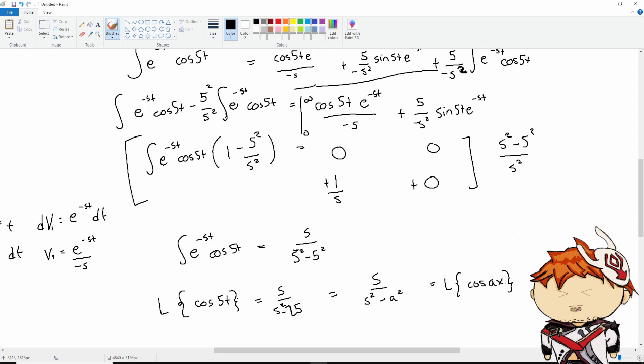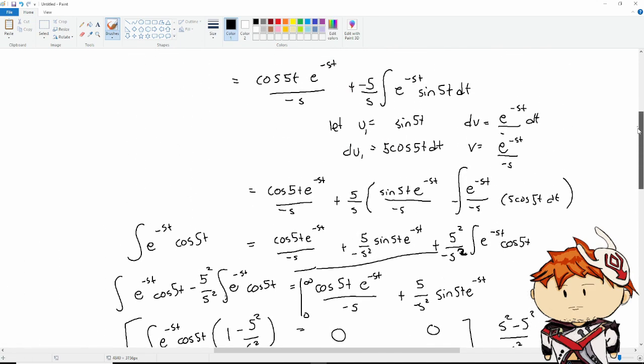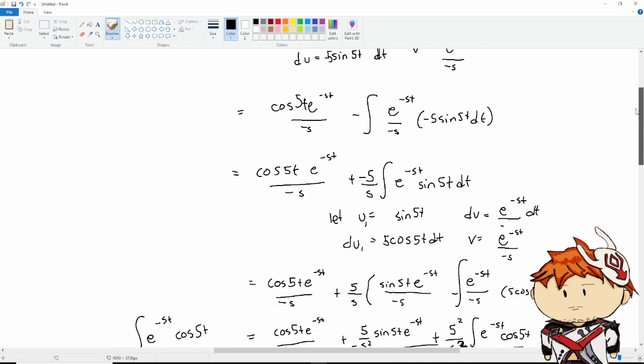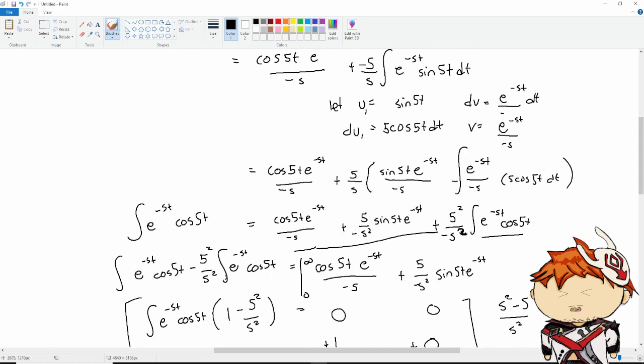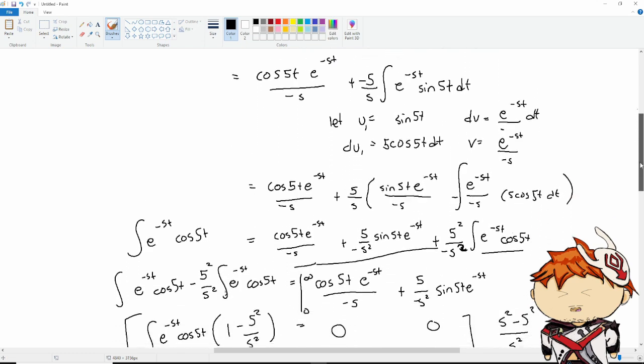I hope you guys learned something. At first I didn't know you can transpose a right term into the left term, but it makes sense, since it's the same as the given. If we continue this integration, we're going to have an infinite number of terms, because cosine will become sine, sine will become cosine, and it's going to loop around, right?